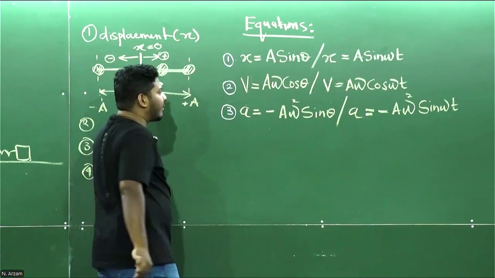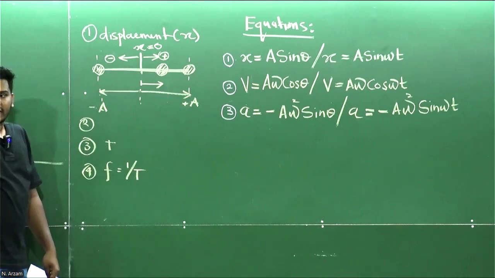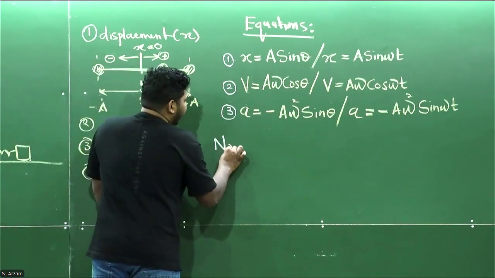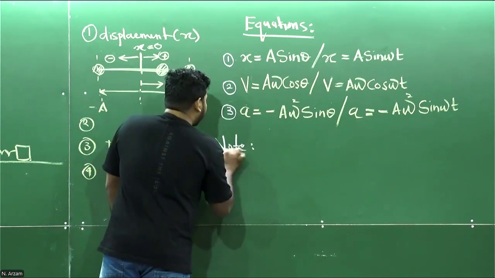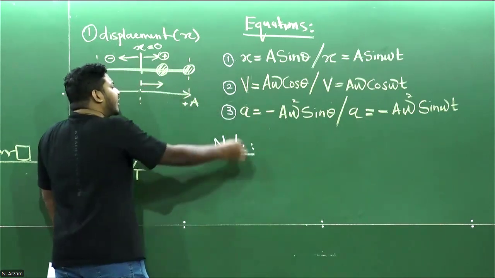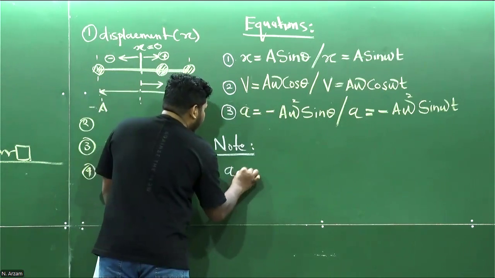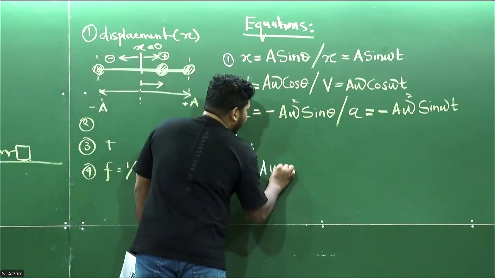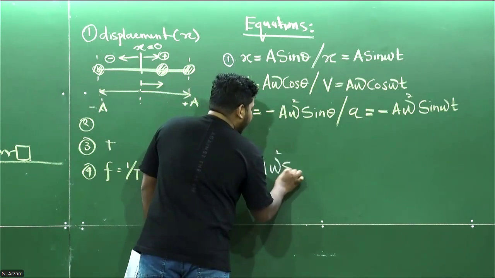I'm going to write down a note here. Look at this one carefully, guys. I'm taking this equation, a is equal to minus A omega square sine omega t.